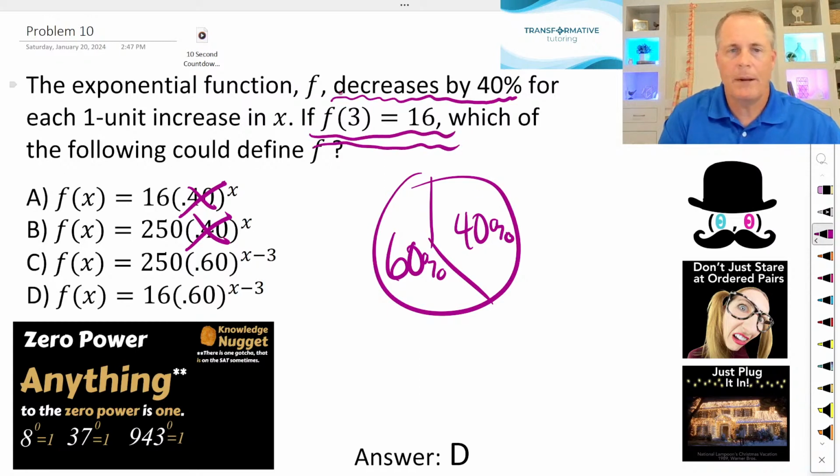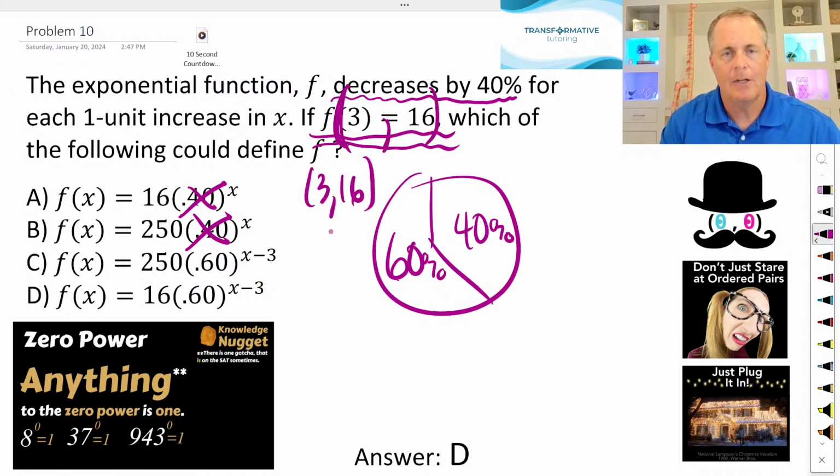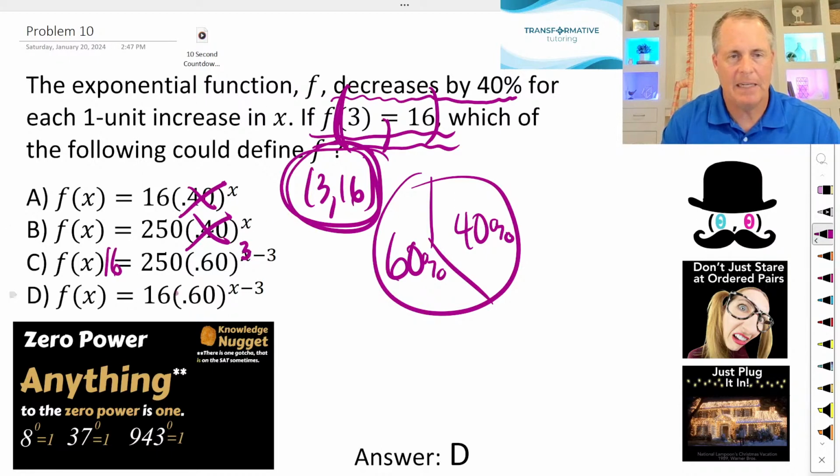Well, these are ordered pairs in disguise again, right? So if we turn this into an ordered pair, it's the ordered pair (3, 16). Don't just stare at ordered pairs. What do you do with them? You plug them in. So we're going to plug a 3 in, and we're going to hope to get out 16. Well, if you put in the 3, what's 3 minus 3? That's just 0, right? And what's 0.6 to the 0 power? Well, as we saw earlier, anything to the 0 power is just 1.